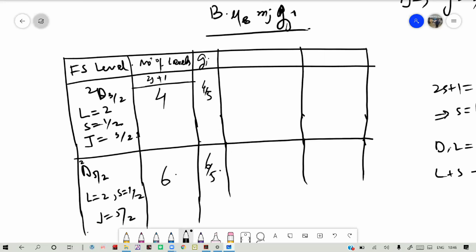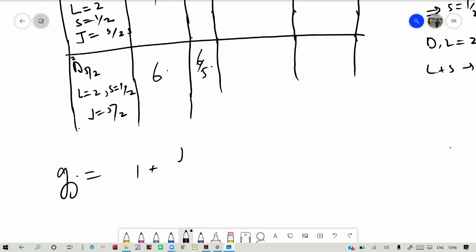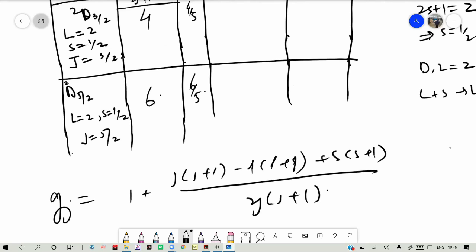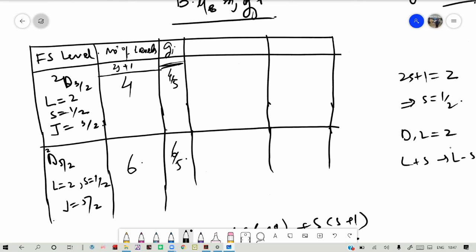GJ is given by 1 plus J(J+1) plus S(S+1) minus L(L+1) over 2J(J+1). This is how we calculate this value here, 6 by 5.